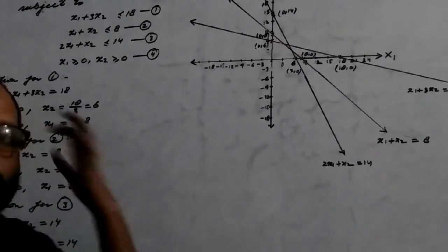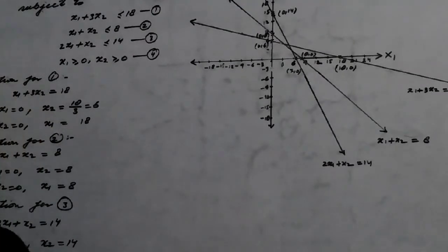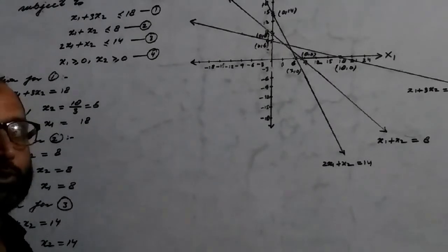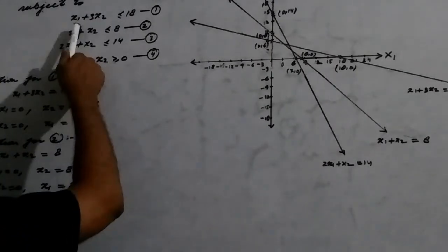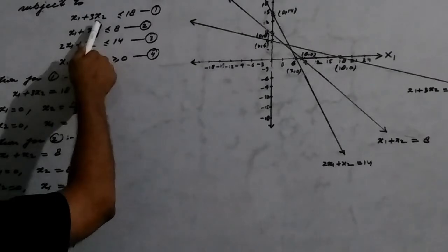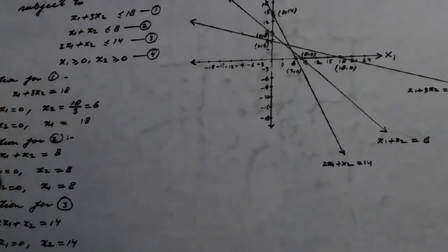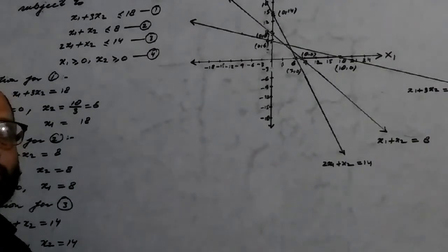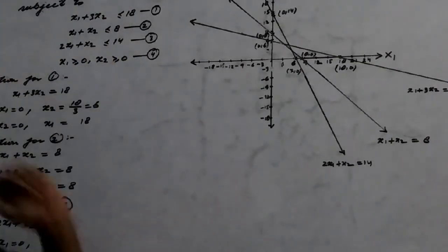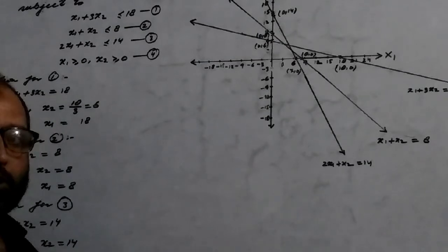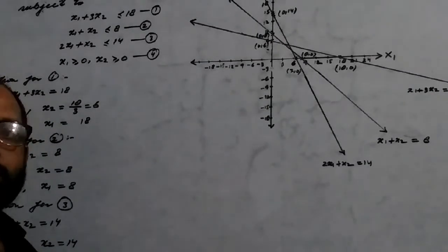Then we come to the most important step, that is arrow marking. Arrow marking is a very important step in this process, and this is carried out with a trick: we put 0 in place of x1 and x2 both, and then we observe, after putting x1 and x2 both equal to 0 in an inequation, whether the statement becomes true or turns out to be false.